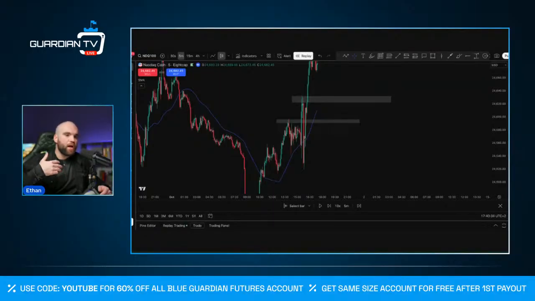So if you've got a higher risk reward, you're going to have a lower win rate. And so you have to decide, do I want a higher win rate with a lower risk reward, or vice versa? And that's down to your psychology, because some people like to win more risk reward, less often.